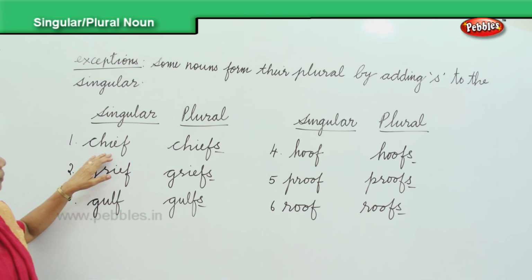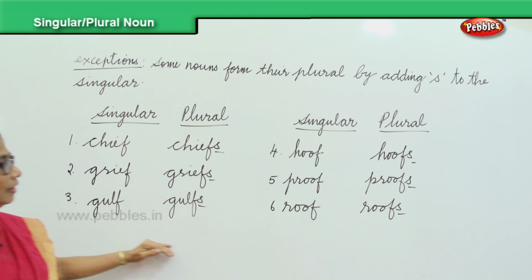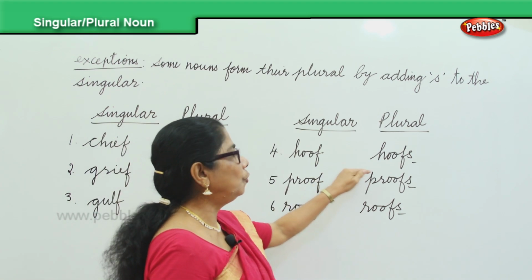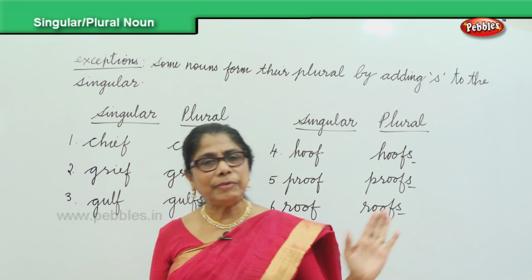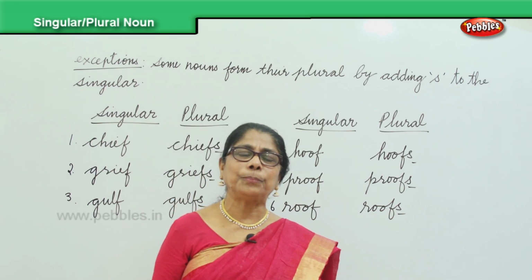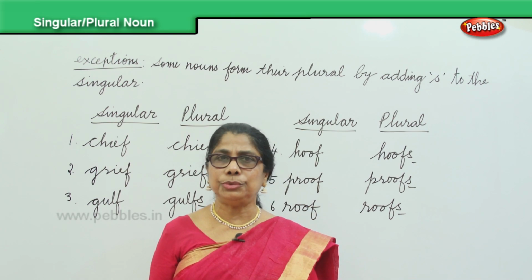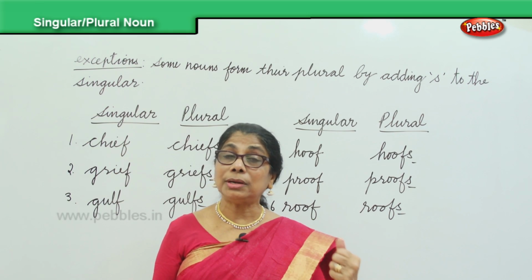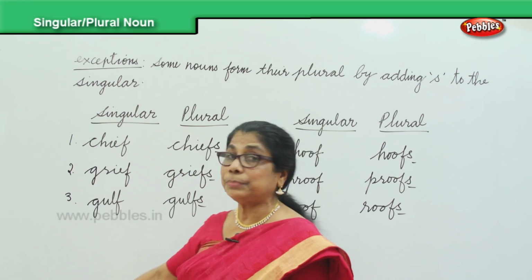Now, chief, chiefs, grief, griefs, gulf, gulfs, roof, roofs, proof, proofs, hoof, hoofs. We cannot remember all this. But when you do it in sentence form, when you go on reading a lot, then it comes to you. Grammar is caught. You cannot go on remembering the rules. This is only an exception.